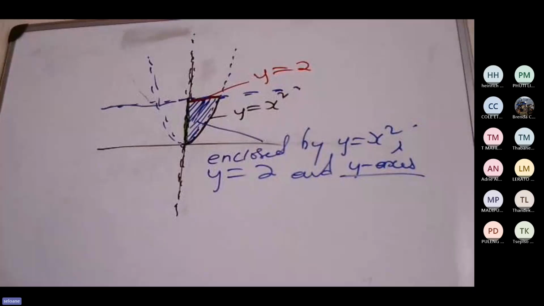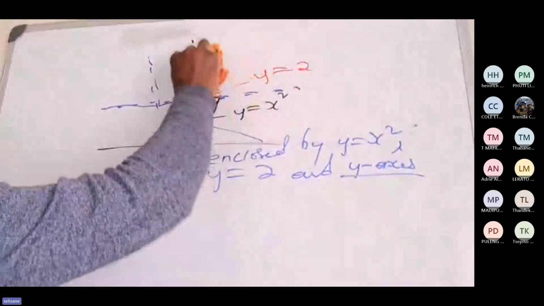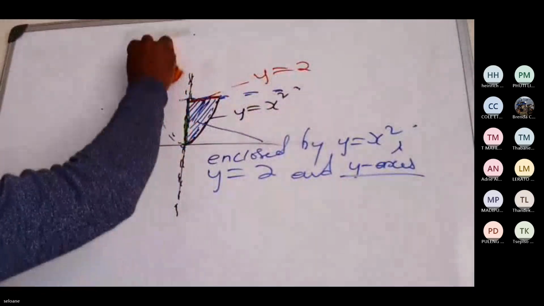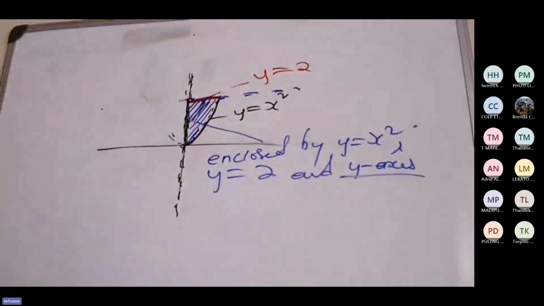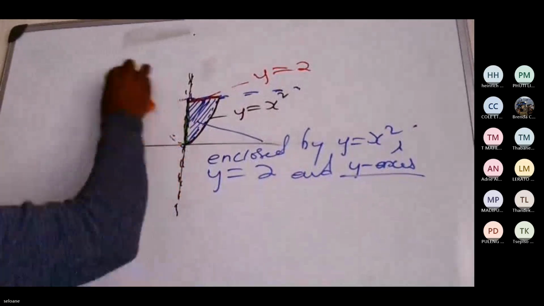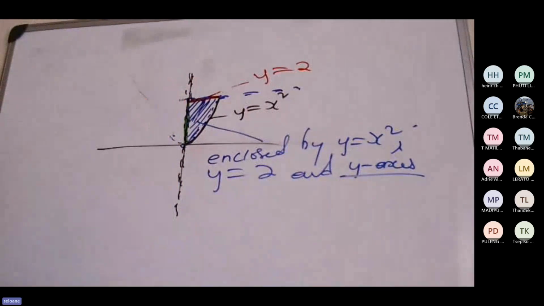Hopefully that makes sense. So let us now take all this out, because we have now identified our region, which is the key in what we are going to do. There is this region which is enclosed by these curves.